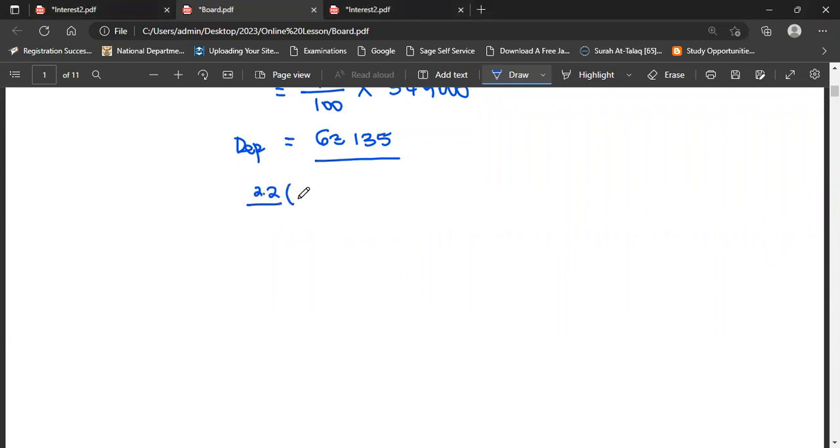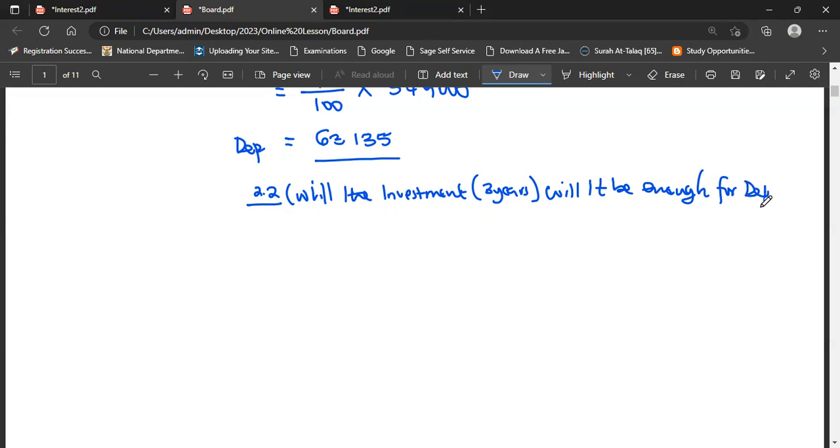They're asking us, will the invested amount, the money after the 3 years, be enough for the deposit? Will it be enough for the deposit?